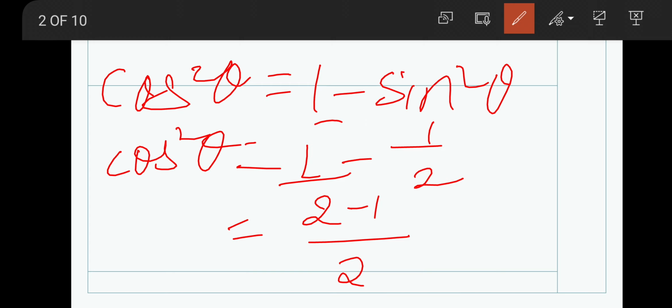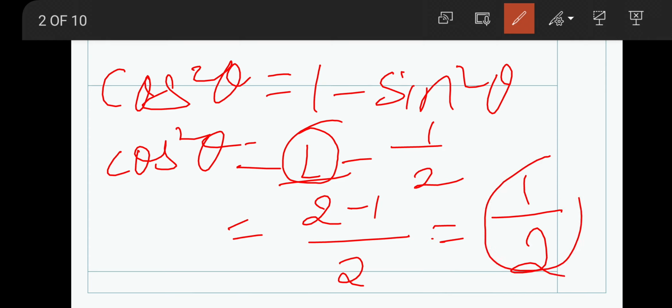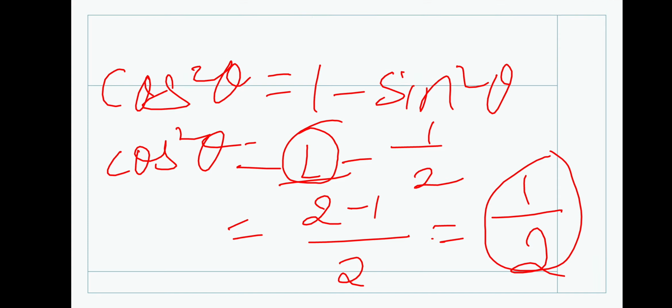Near 1 there is no denominator, so if nothing is there, we can imagine it as 1 by 1. Equalizing the denominators, 2 minus 1 equals 1 upon 2. This is the cos square theta value. So this is how you find the answer for the first question.